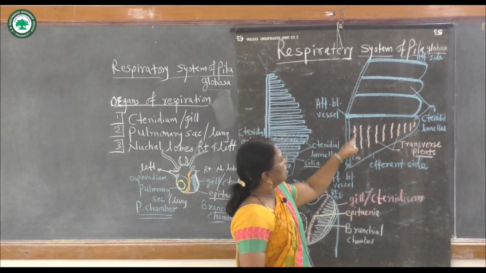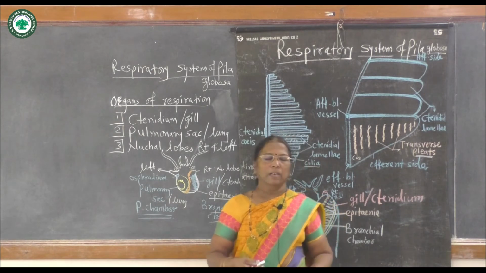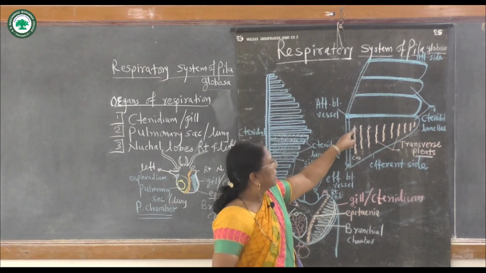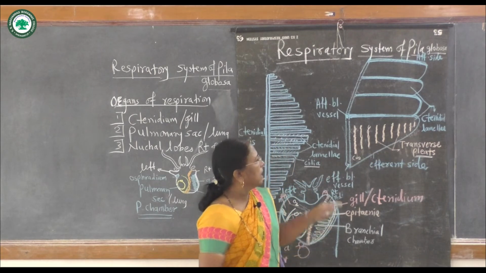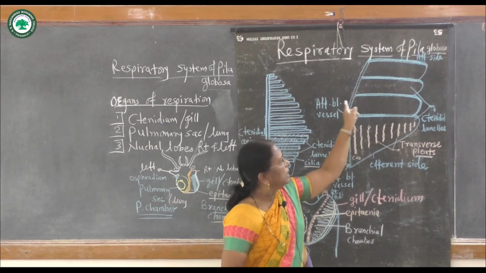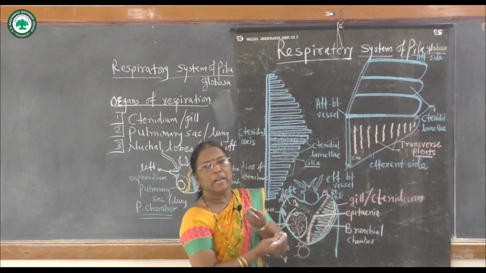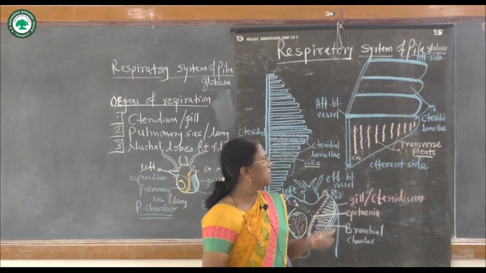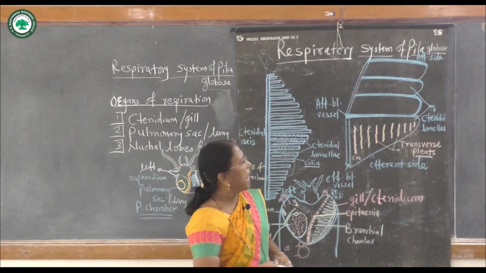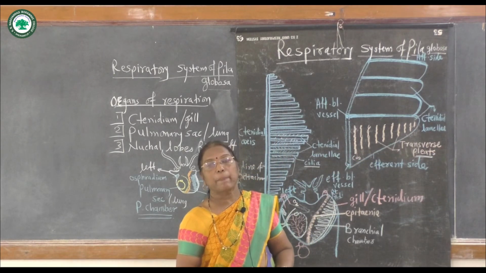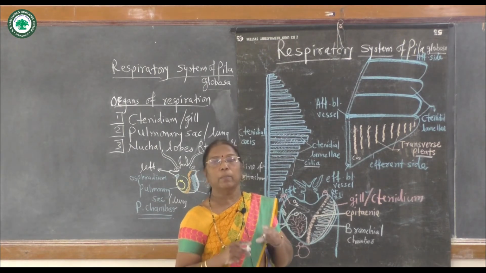A number of blood vessels containing deoxygenated blood cover each pleat. Each lamella shows on its anterior and posterior faces a number of ridges or grooves or pleats, and they are richly supplied with blood vessels containing deoxygenated blood.